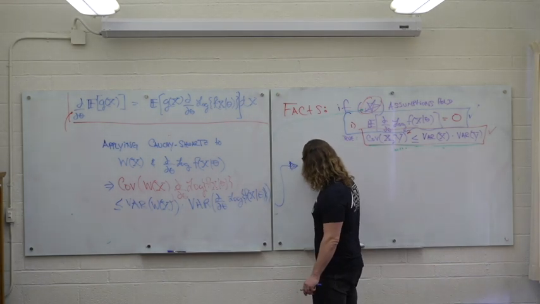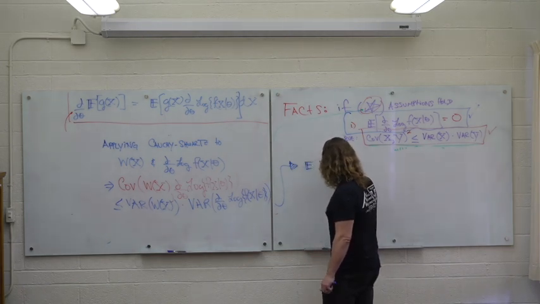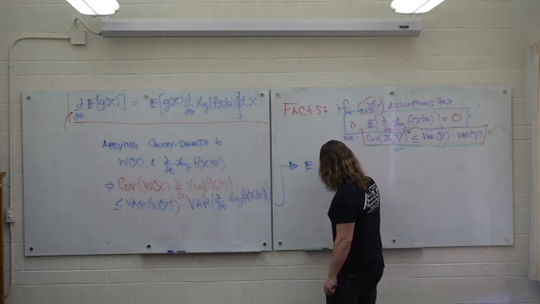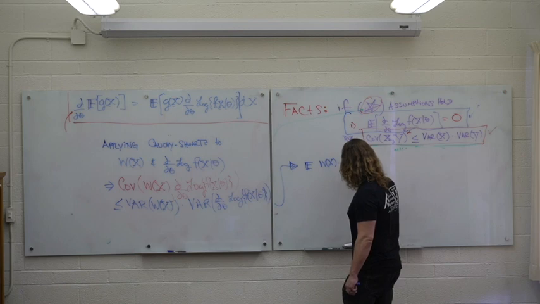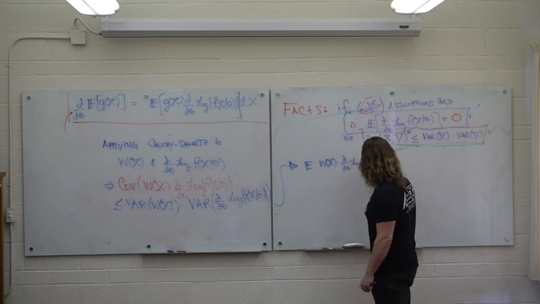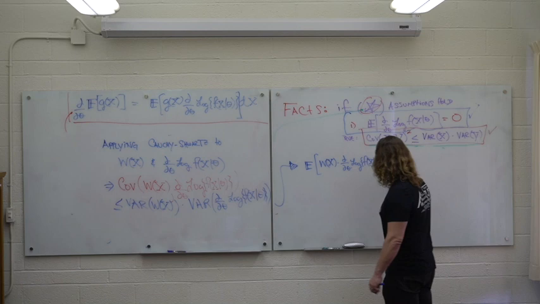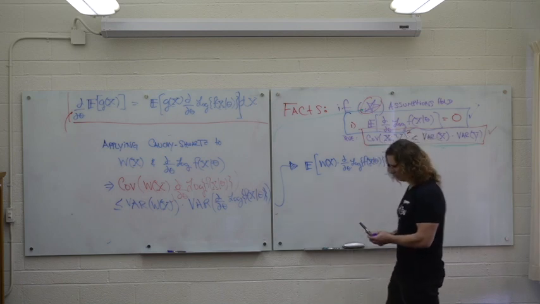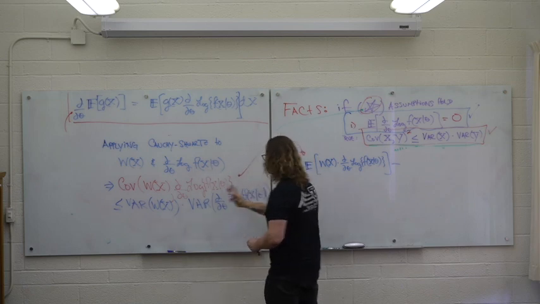The covariance is equal to the expectation of W(x) times derivative logarithm f(x given theta), minus, so I'll just remind you, this part that I'm writing down is just the covariance.